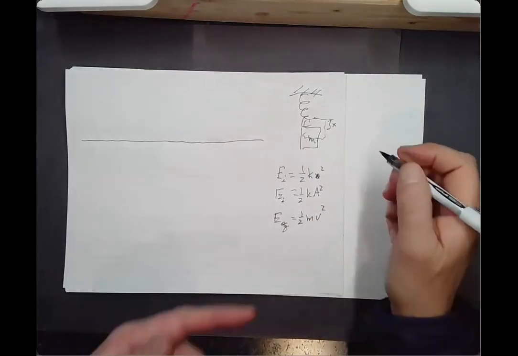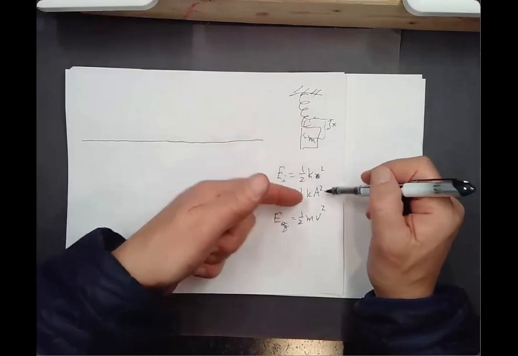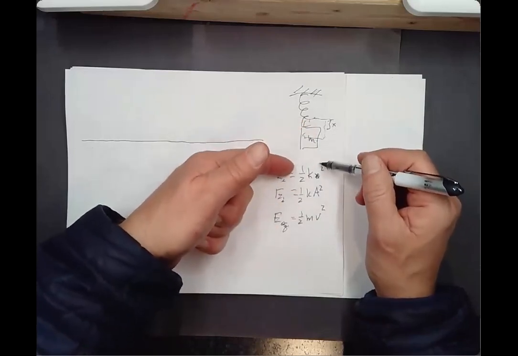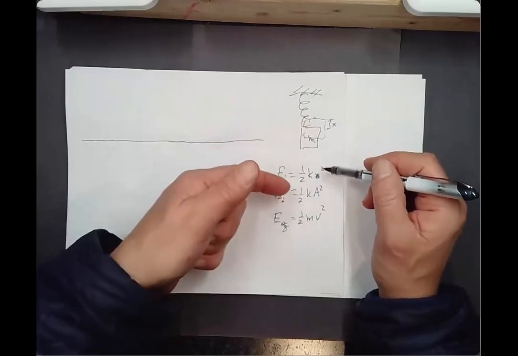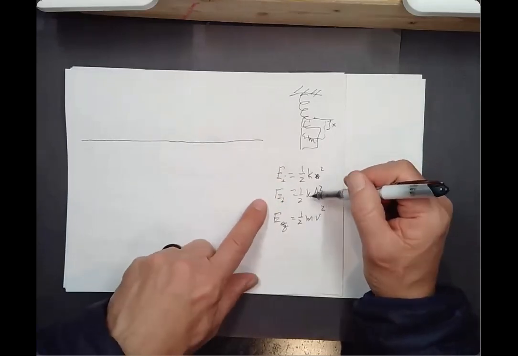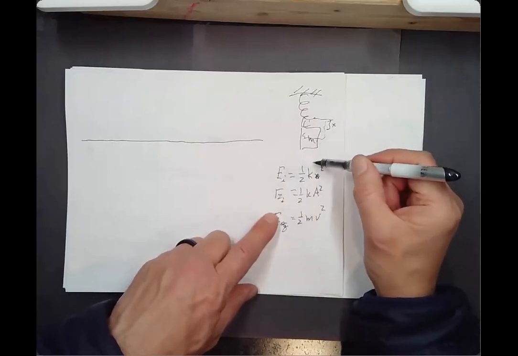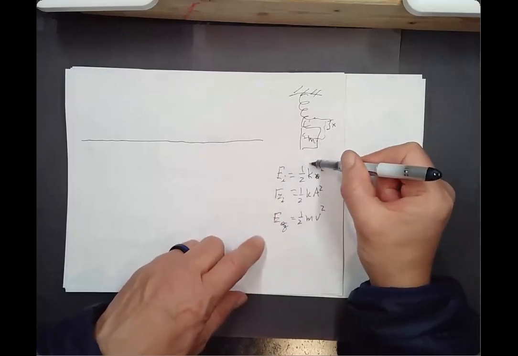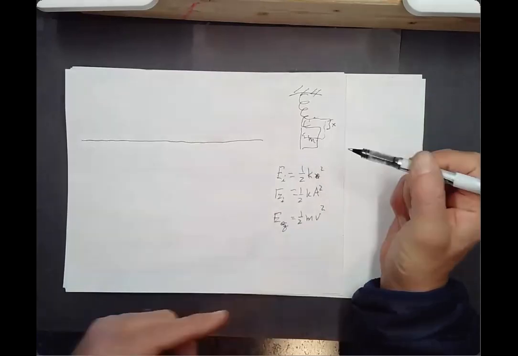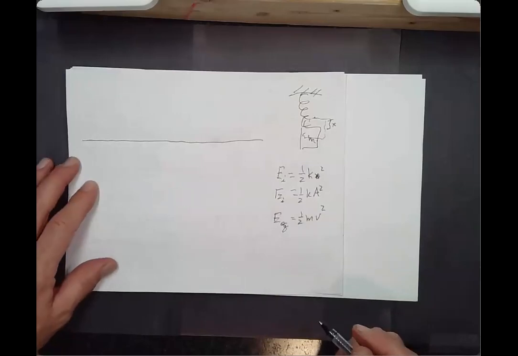Then it goes down a distance a below the equilibrium position. At the bottom you again have spring potential energy of 1/2 ka squared, where it stops for a moment, so there's no kinetic energy. So we've got this interplay of energy throughout the motion.